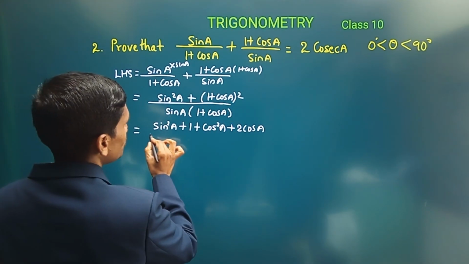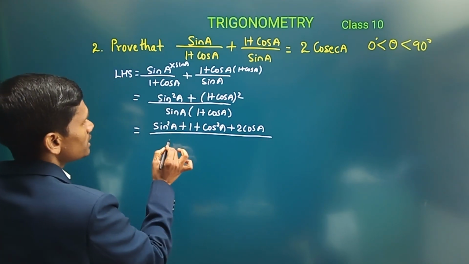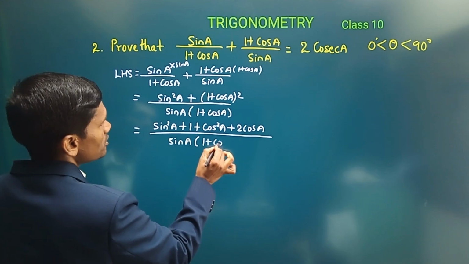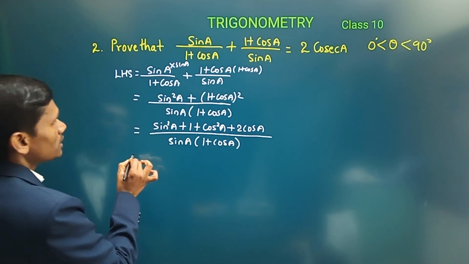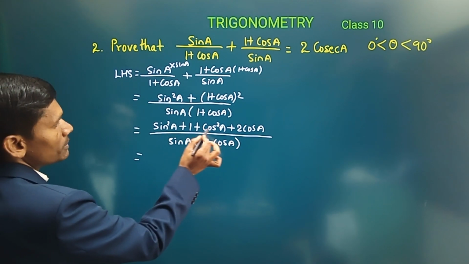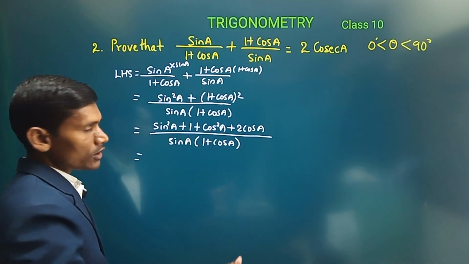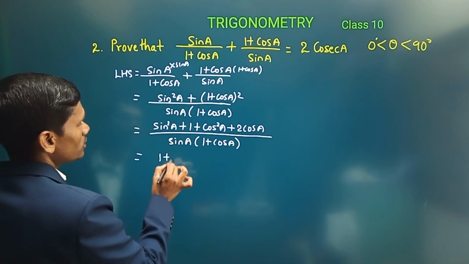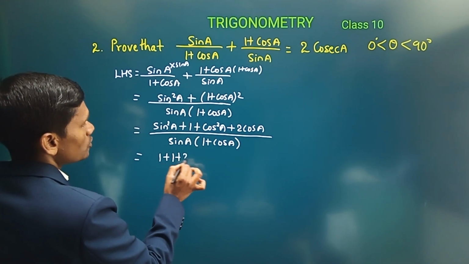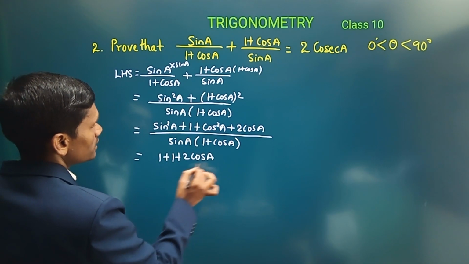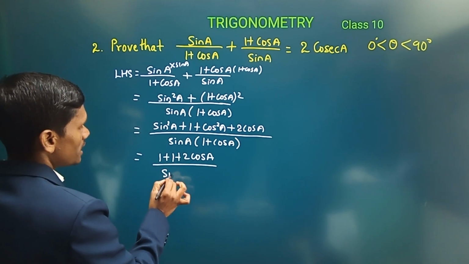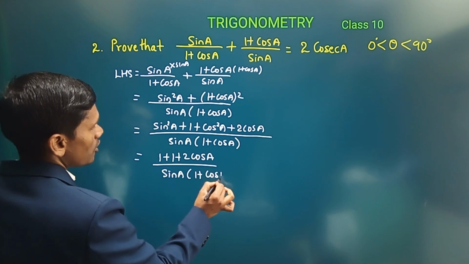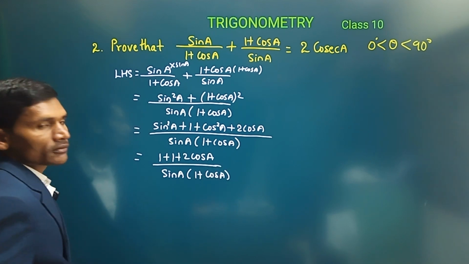The denominator is sin A into (1 plus cos A). Now, sin square A plus cos square A is equal to 1. So that is why 1 plus 1 is there, one more 1, plus 2 cos A, divided by sin A into (1 plus cos A).